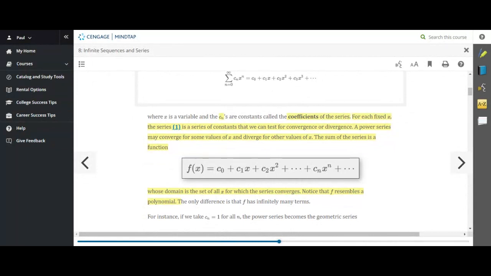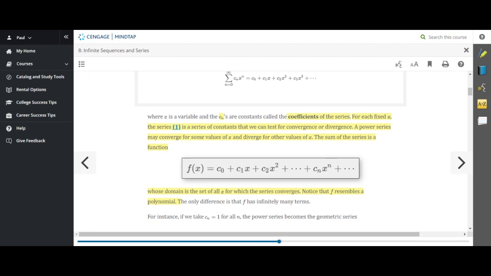A function like the sine or the cosine or the exponential function can be written as a power series. And it would be legitimate to take a function and express it as a power series, and it would be good for the set of all x values for which the series converges. Okay, so this is the idea.